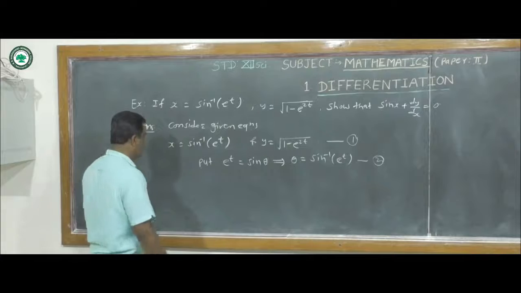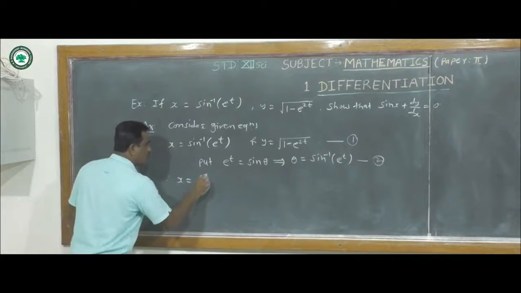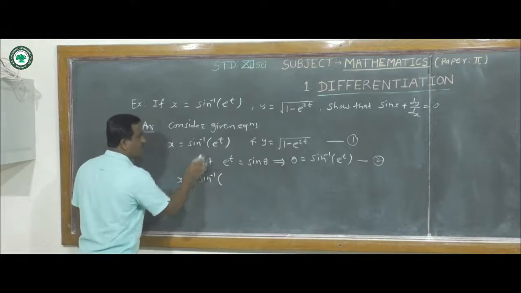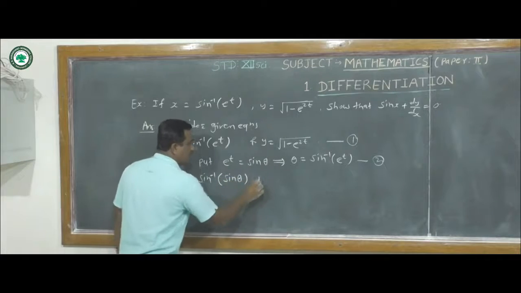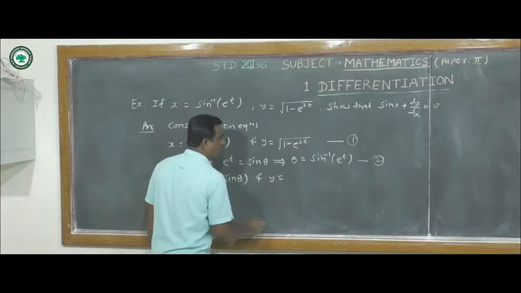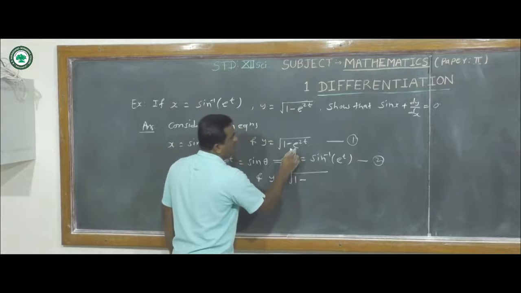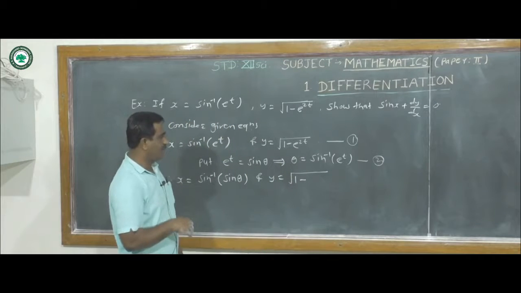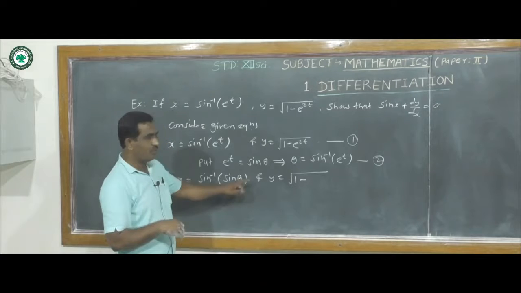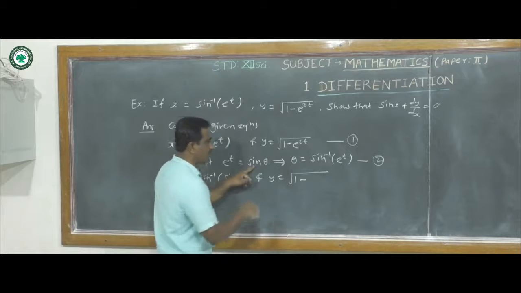Okay. Therefore, we can write x is equal to sin inverse of e raised to t, which means sin inverse of sin theta, and y is equal to under root 1 minus, here e raised to 2t can be written as (e raised to t) square, and we put the value of e raised to t as sin theta.